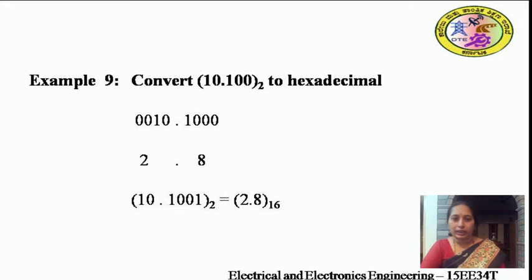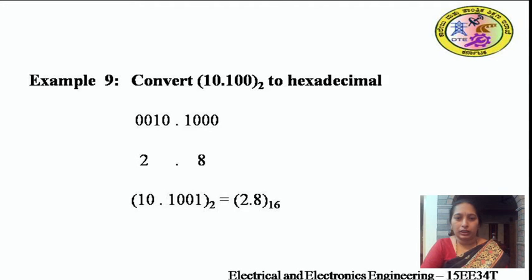Next, we have one more example, in which I'll be adding more bits to complete the 4-bit group. That is 10.1. I have told you while explaining the conversion that you can add zeros as and when required.